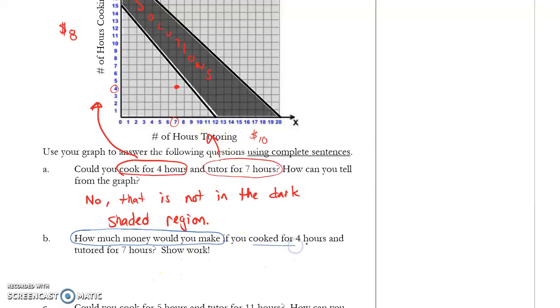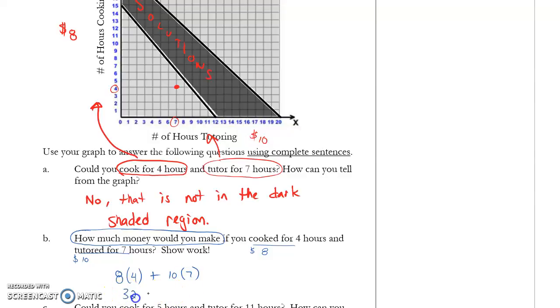If I cook for 4 hours and I'm getting paid $8 per hour for cooking, I have to take my 8 times 4. If I tutor for 7 hours and I'm getting paid $10 per hour for that, I will add my $10 per hour times 7.